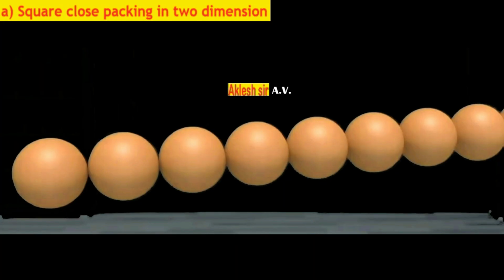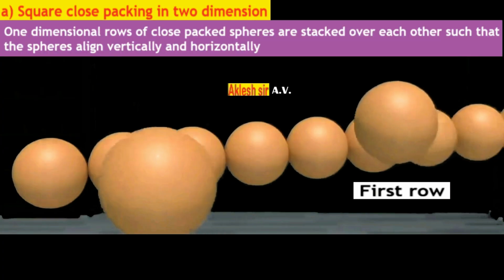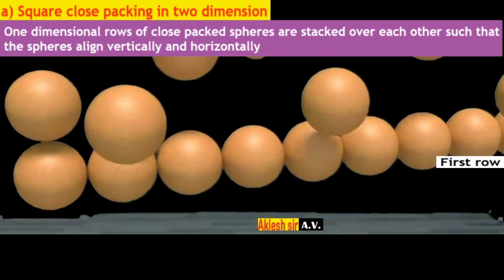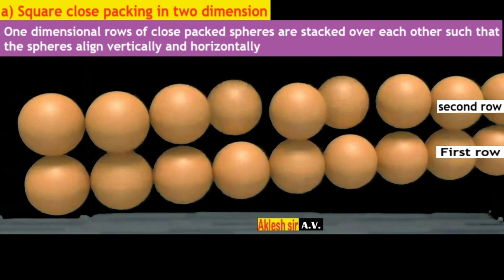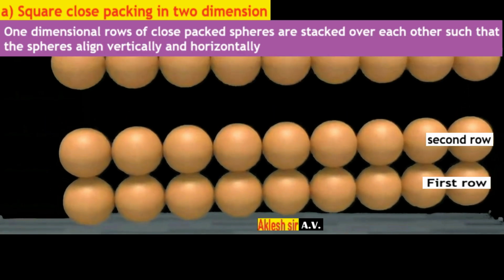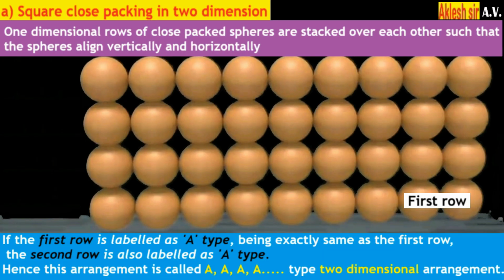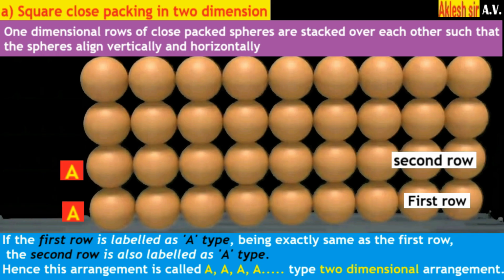Square close packing. Consider the first row of spheres in 1 dimension, and the second row of spheres stacked over it in such a way that the spheres align vertically and horizontally. If the first row is labeled as A type, since the second row arrangement is the same as the first row, the second row is also labeled as A type.